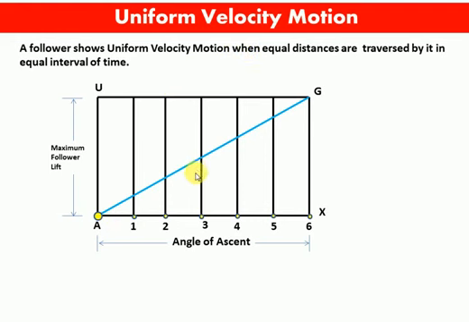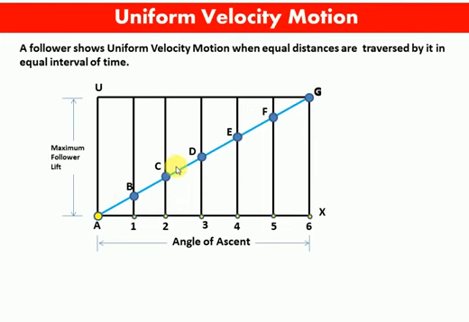This line AG meets the vertical line 1, that is, on the angle of ascent, at a certain point. Similarly on vertical lines 2, 3, 4, 5 and 6. We name these points A, B, C, D, E, F and G.